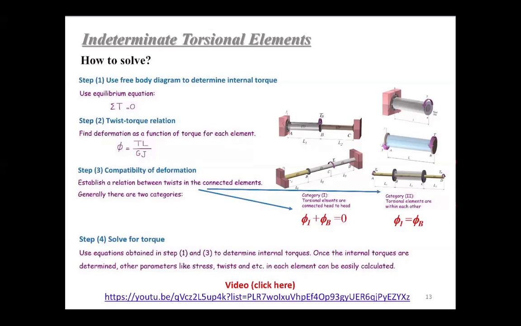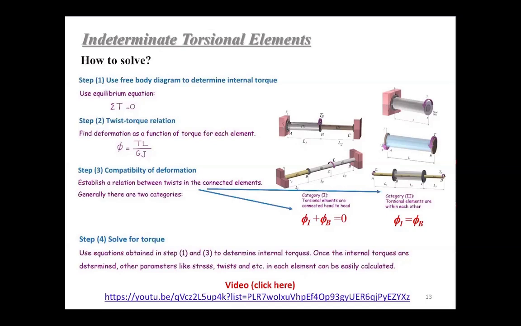The first step is the free body diagram to get the equilibrium equation. The second step is to establish the load deformation equations. Previously, we listed delta equals FL over EA; here you just use phi equals TL over GJ.